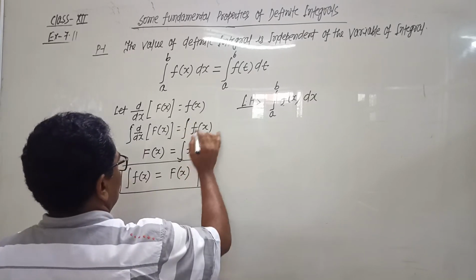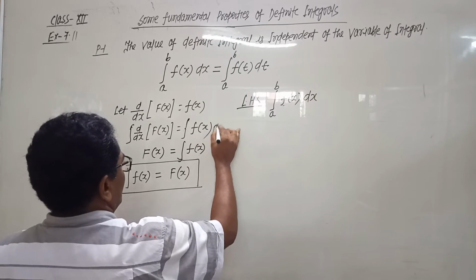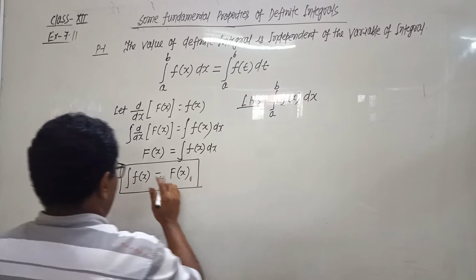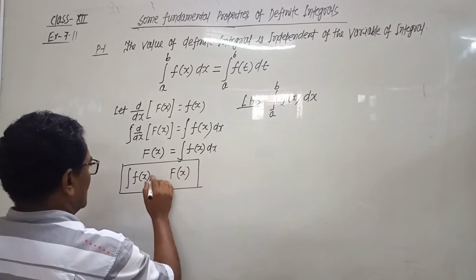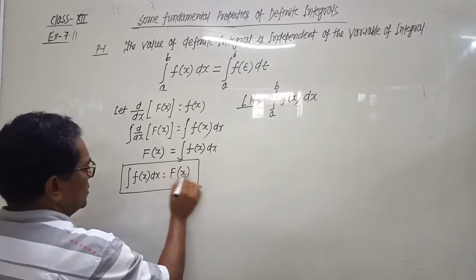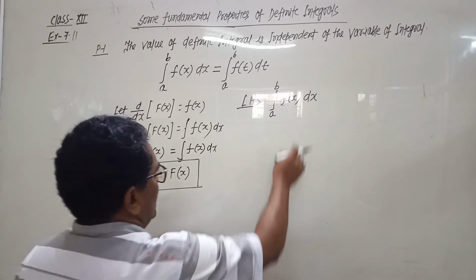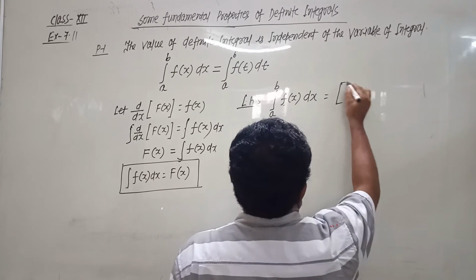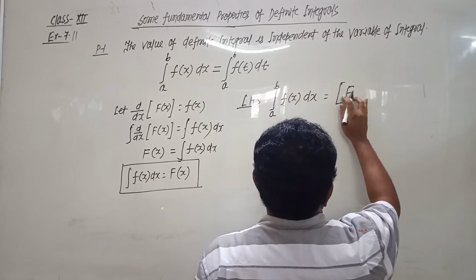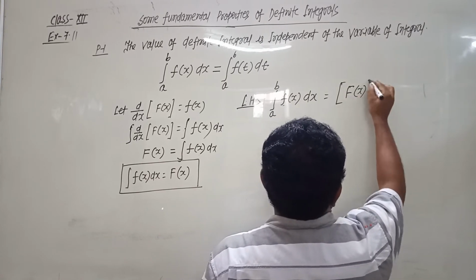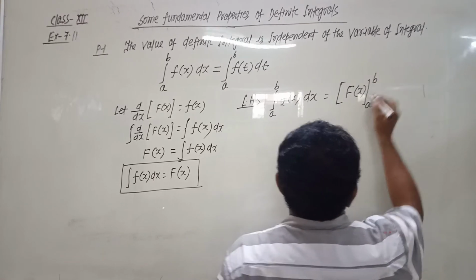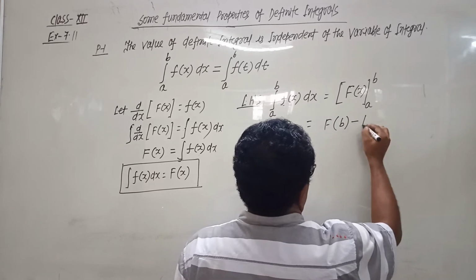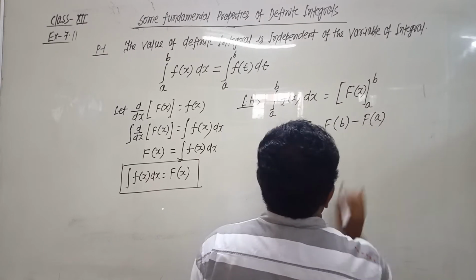Here when we put the integral sign, it becomes dx. So f(x) dx can be written as capital F(x) with limit from a to b. When we put the limit, we get F(b) minus F(a).